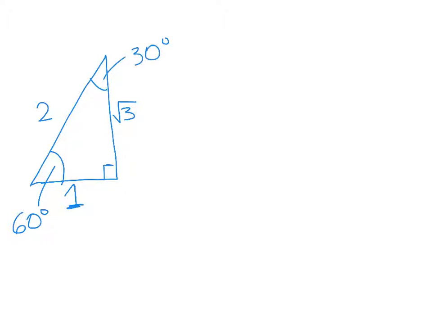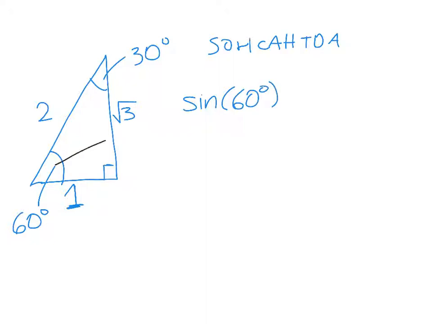So that means that we can use SOHCAHTOA to figure out all the trig ratios that we want to. So sine of 60 degrees is going to be root 3, because that's the opposite side, over 2, because this is the hypotenuse.